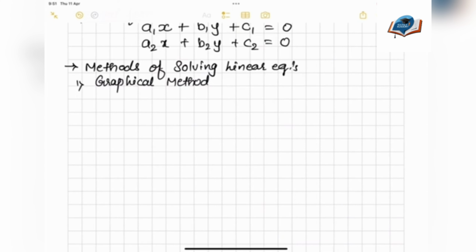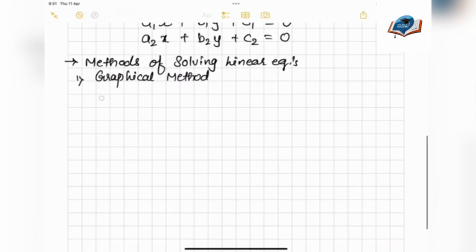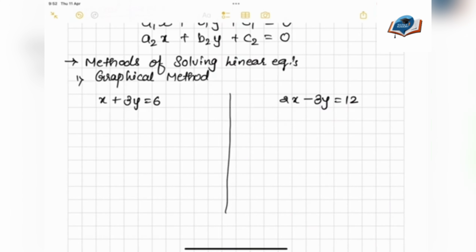The first method is graphical method, where we will be solving both the equations graphically. And here I am taking both the same equations which we have already taken, that are x plus 3y equal to 6 and the other equation is 2x minus 3y equal to 12.